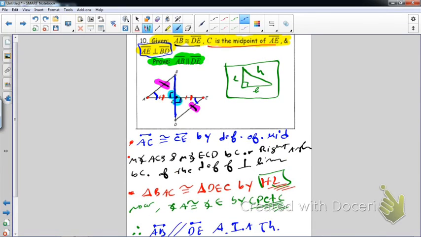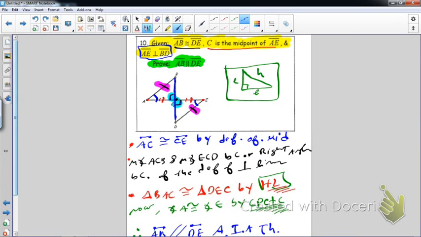So you can see there's a lot of information here that's being given to us with just a couple of hints that they gave us here, and I underlined for you right here in black, and then the red right here, and then the blue that's in a box here. With those three things here, we were able to prove that these two triangles are congruent.